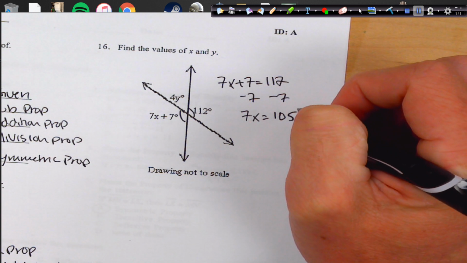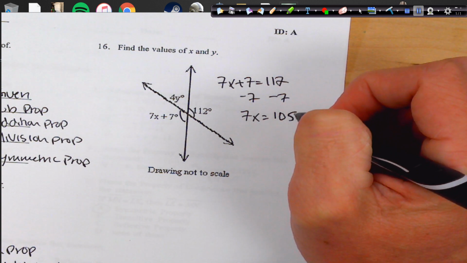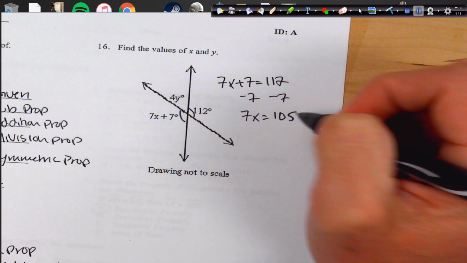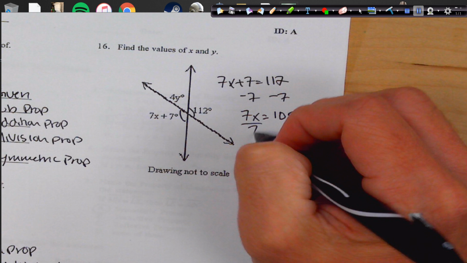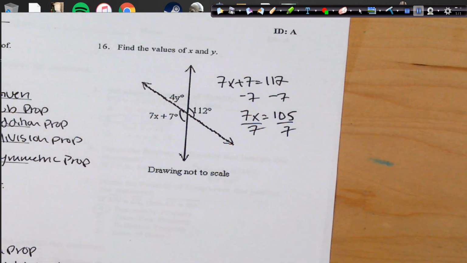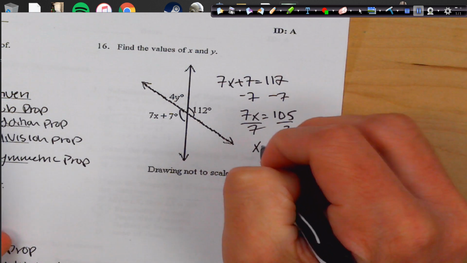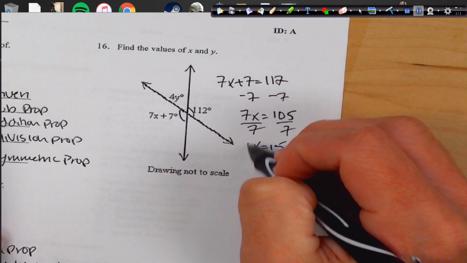Right? 12 minus 7 is 5. Then we're going to divide by 7. And I'm going to use a calculator so I don't mess this up. You know what I mean? Sometimes you make mistakes, and we don't have time for that. So x equals 15.